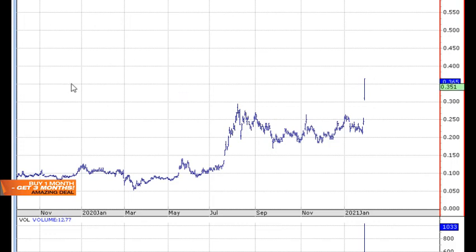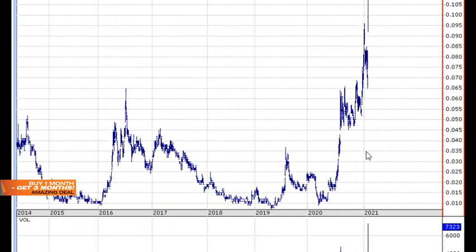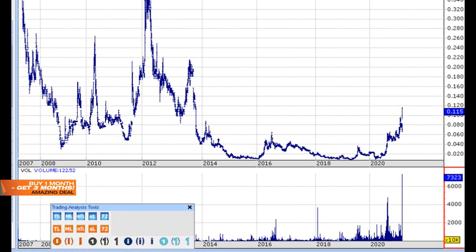So that's SVL. The next one is IVR, and IVR is just a bit of getting a full picture in here. It's taken off nicely, and you can see nice volume coming in here for all of that silver from the March thing.